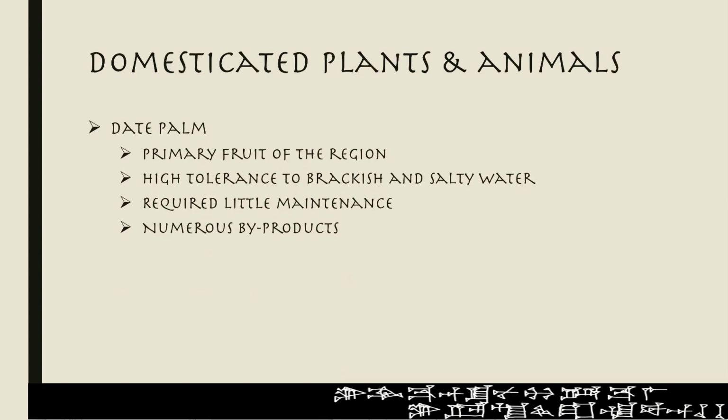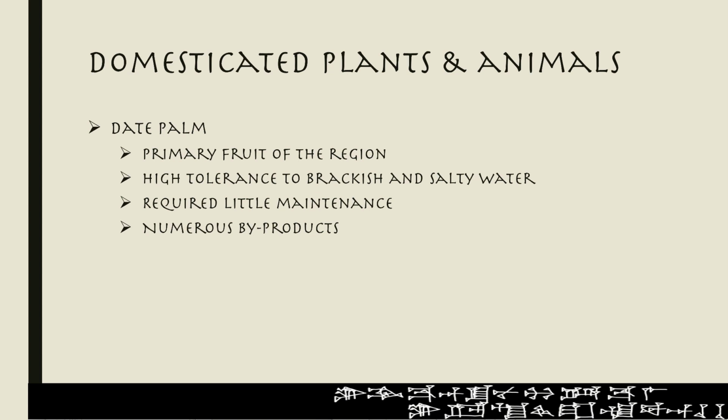Some of the primary domesticated plants and animals are discussed by Oppenheim. One is the date palm. One of the issues that you find in Mesopotamia, particularly in the south, is that the water that is used is often brackish. So the plants that grow, those that are more resistant, have a greater tolerance for brackish or salty water, obviously do better.